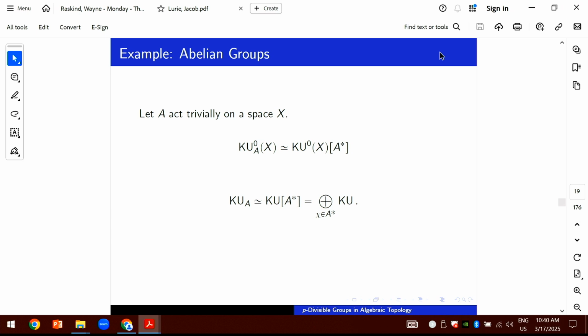And that cohomology theory is like the group algebra over KU on the group A star, meaning it's a direct sum of copies of KU indexed by the characters of A. And so what I want to suggest and elaborate on in just a second is that here's an example of something that you should think of as a p-divisible group, but it's now not over a commutative ring anymore. It's over a cohomology theory. And similarly, I can switch the roles of A and A star, which is actually what I'm going to do in a second.